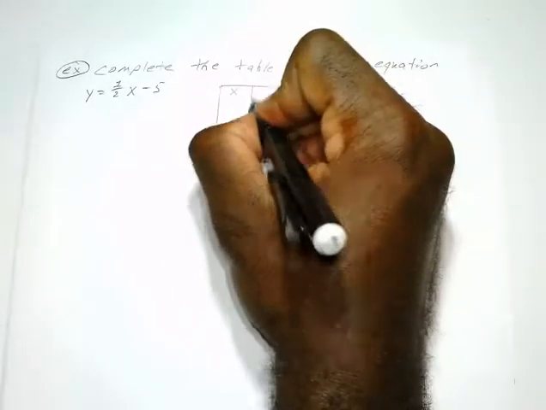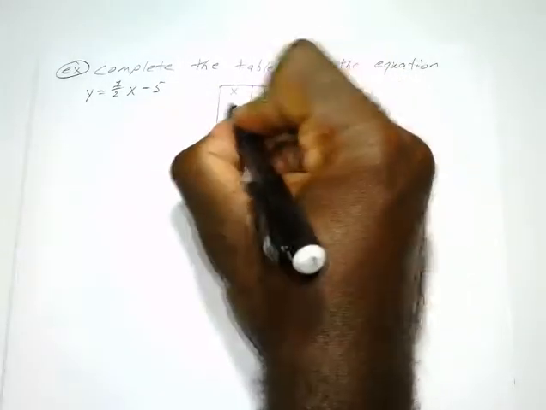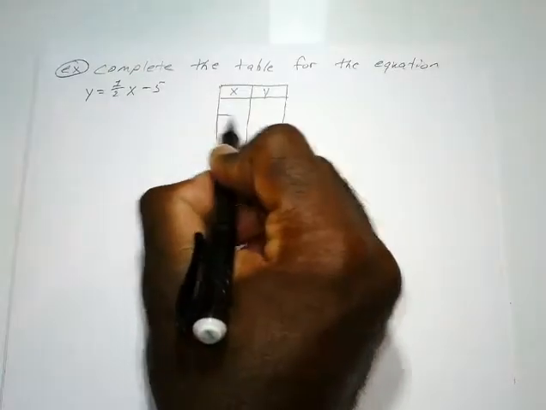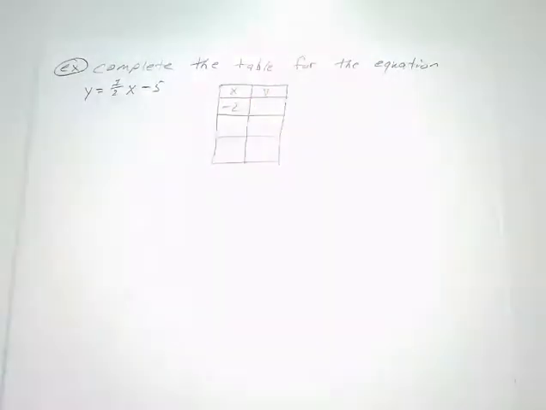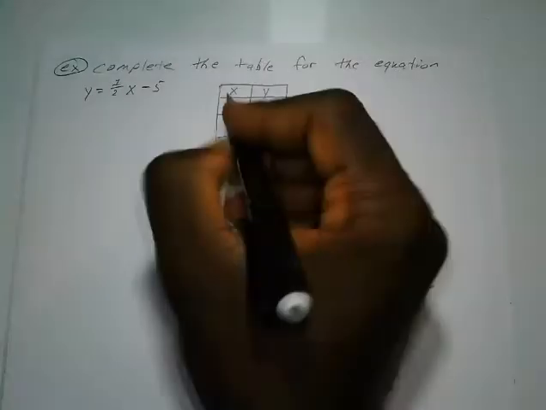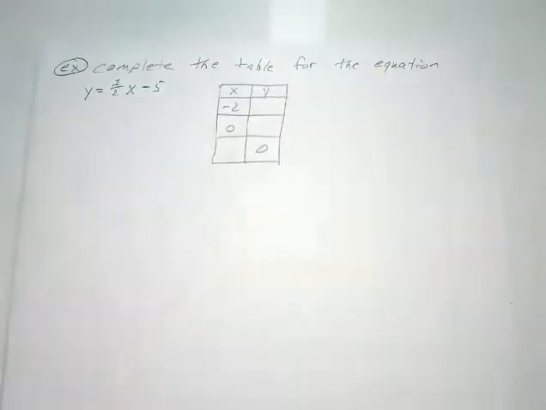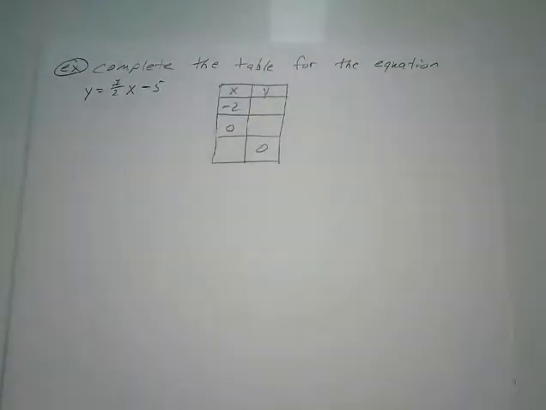Let's say this is our x, and this is our y. And if we have a -2 here, a 0 here, and a 0 there, we want to complete that table.